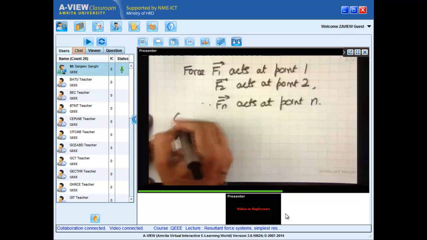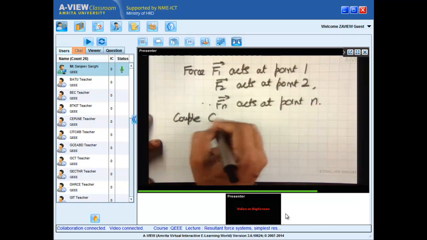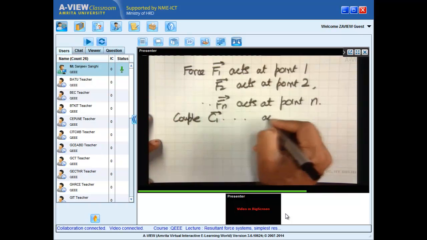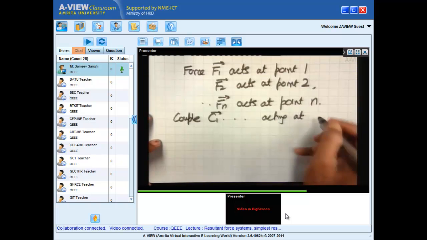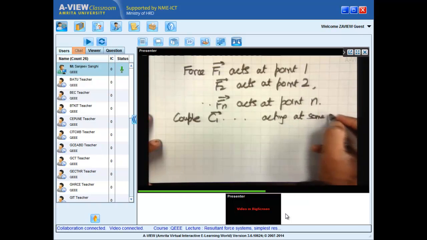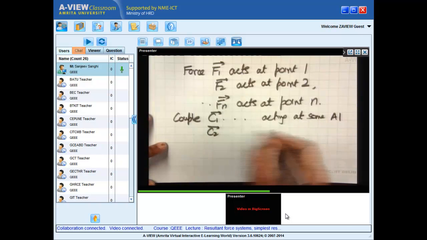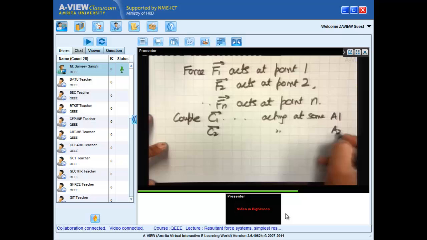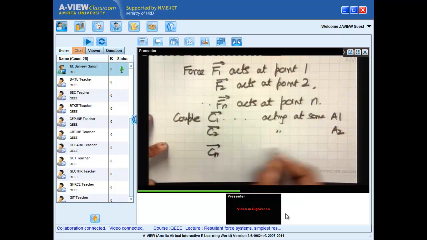And similarly we have couple C1, acting at some point, let's call it A1, C2 acts at A2, and couple Cn acts at a point An.